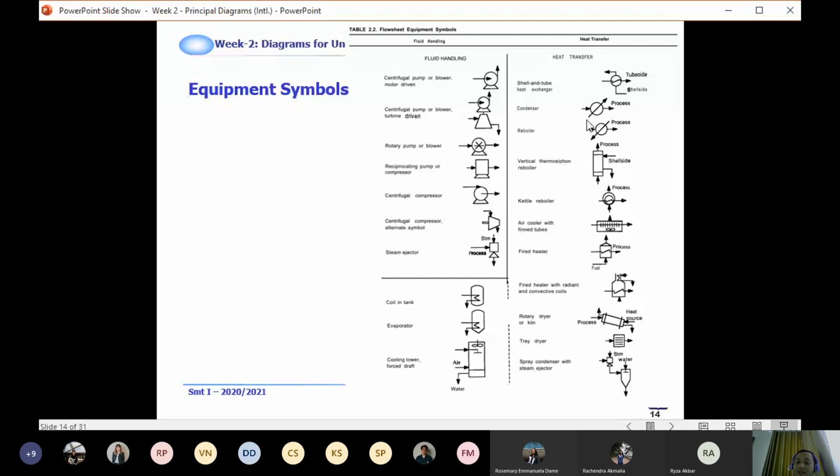It shows that the temperature of the utility flow of the cooler will be higher. That is the reason the arrow goes up. And the opposite for the reboiler: for the utility flow, the temperature will decrease, so the arrow direction goes down.